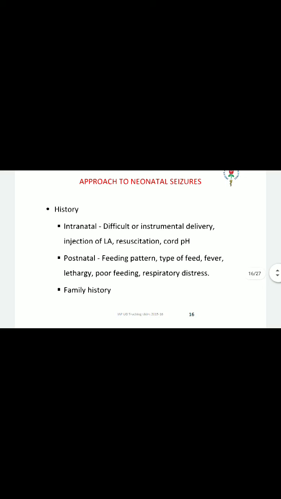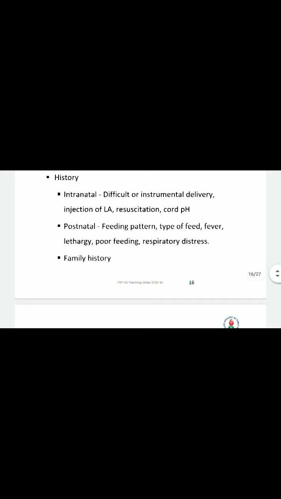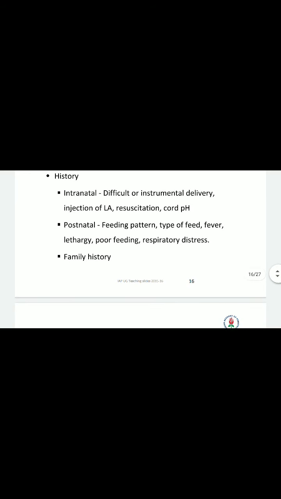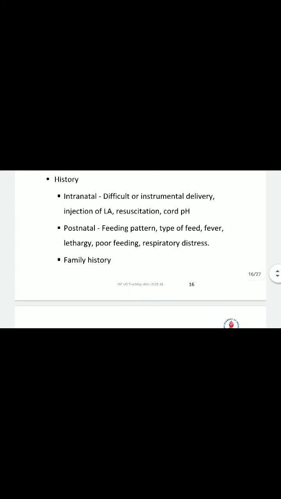A resuscitation history, cord pH, if it is less than 7.2, indicates that it was birth asphyxia. Postnatal feeding pattern, if the feeding pattern is not correct, hypoglycemia can happen. Type of feed, was there a fever, lethargy, poor feeding, respiratory distress, family history?